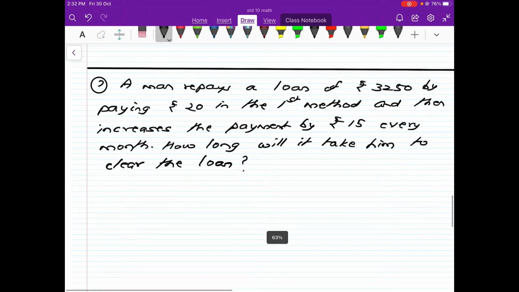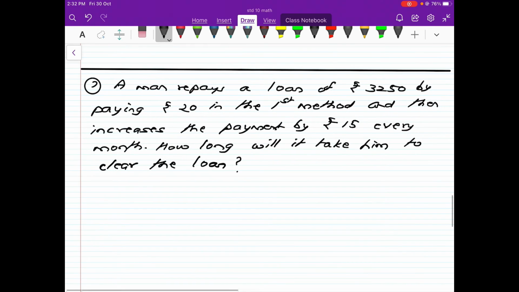Now for the next sum, that is the 7th sum. A man repays a loan of rupees 3250 by paying rupees 20 in the first month, and then increases the payment by rupees 15 every month. So how long will it take to clear the loan? So this is just an AP sum.